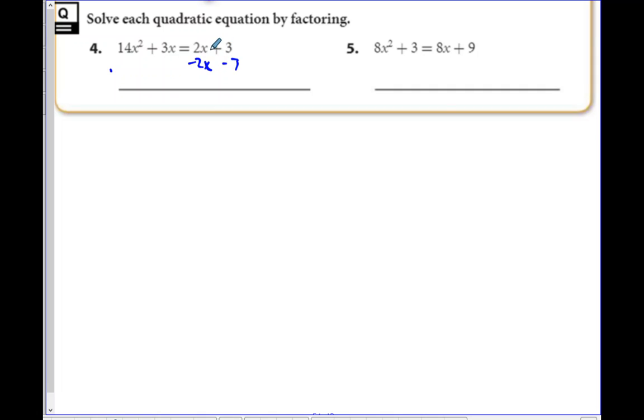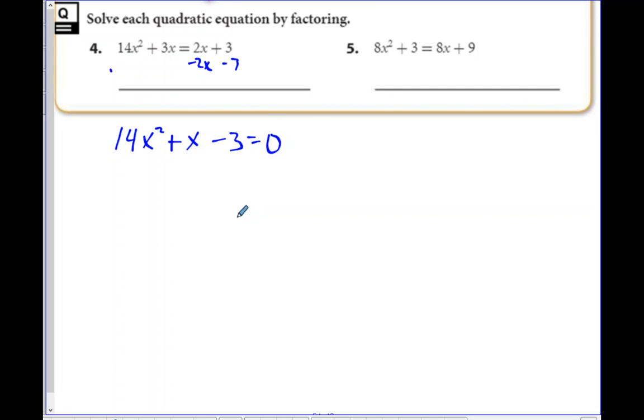That way it'll make this side equal to 0. So nothing happened to 14x squared, but 3x minus 2x leaves you with plus x. And you don't have any constant over here, so when you subtract the 3 on that side, it becomes minus 3. And now you have it all equal to 0.